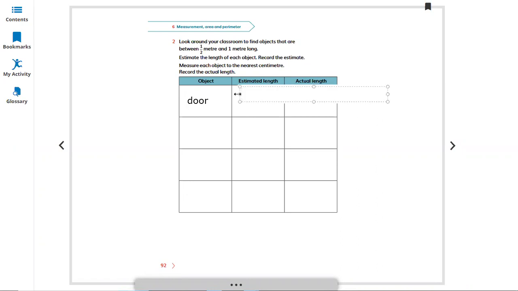So the door is nearly 1.5 meter. 1 meter or 1.5 meter, it's about that. And actual length, possibly 1.3 meter, maybe 1.5. When you use a ruler and actually measure the length, then you can find the accurate answer.